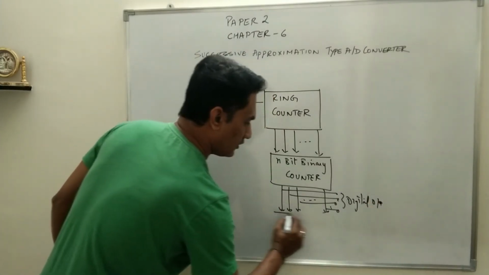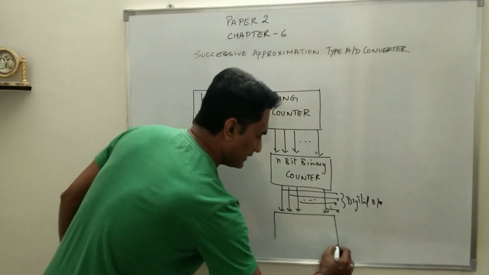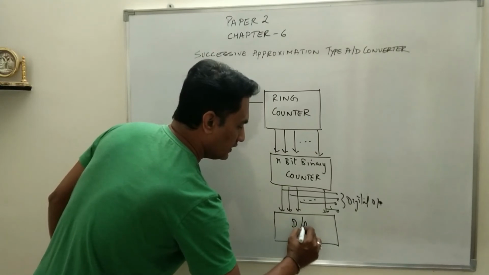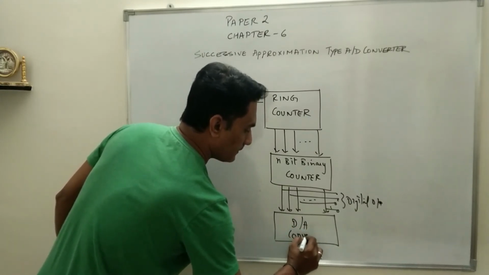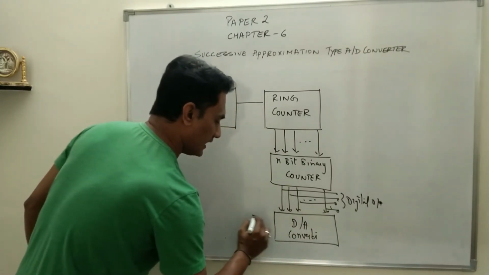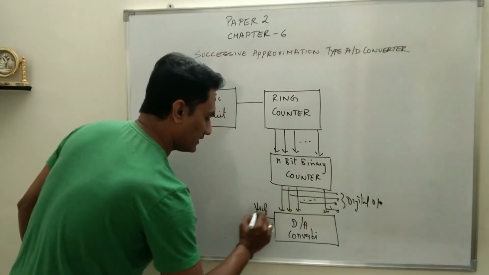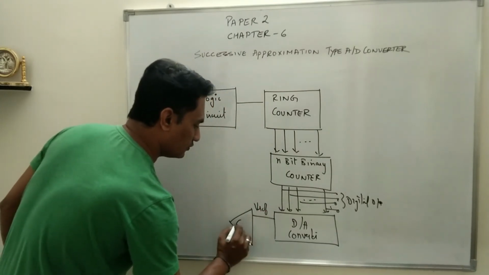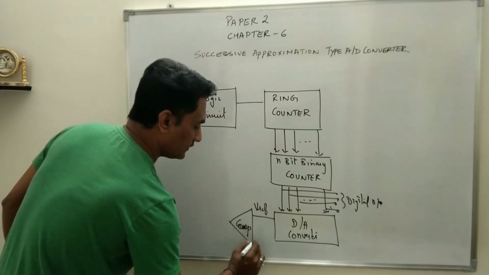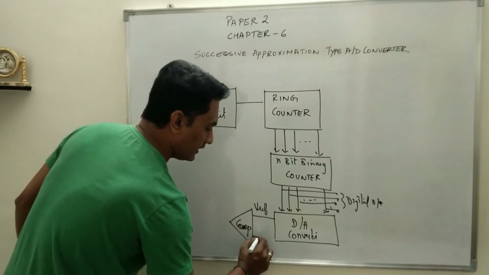The output of the n-bit binary counter is given to a D2A converter. The output of the D2A converter will generate a reference voltage which will be given to a comparator, and one input of this comparator will be V analog.